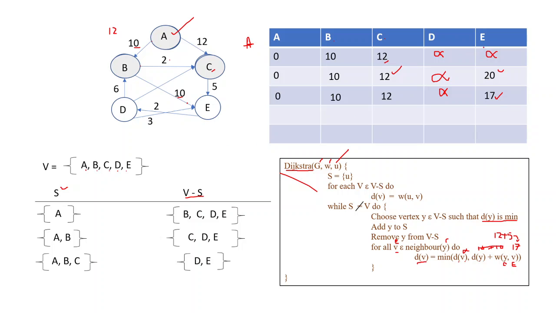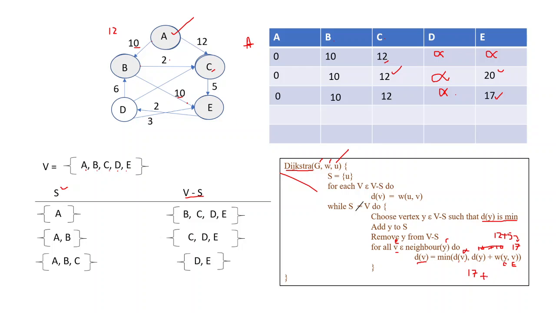So now we move on to the next node. Next we will have to select E because this path cost is infinite and this path cost is 17. So we naturally select E. Now E has a path to D. In order to find out the path cost from E to D, path cost to E is 17, so we write 17 here, plus path cost from E to D, that is 2.